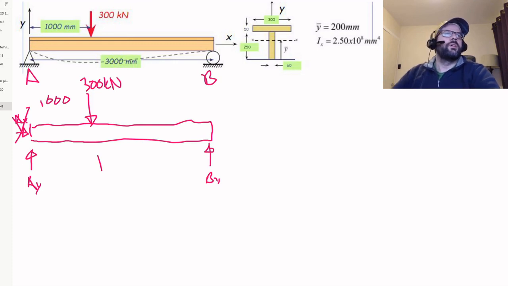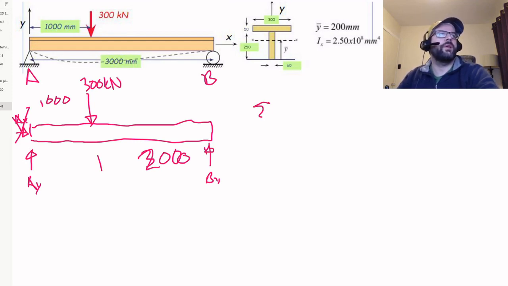So we want to figure out what our BY is and/or AY. We can just go ahead and solve by taking the sum of the moments at A. It's equal to 0.